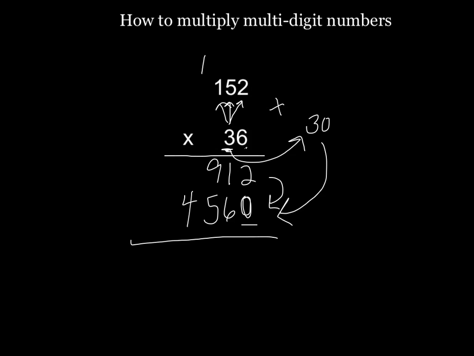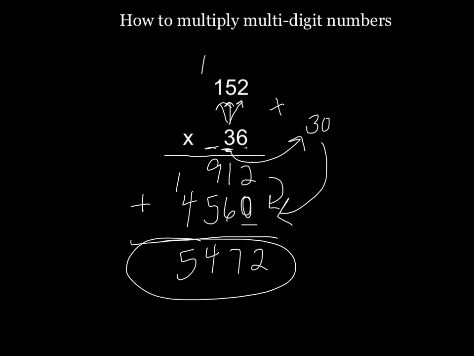Because there are no other numbers in the hundreds place value or above the 3, I'm going to stop here and add my digits. 2 plus 0 is 2. 1 plus 6 is 7. 9 plus 5 is 14. Carry the 1. And 1 plus 4 is 5. So the answer to 152 times 36 is 5,472.